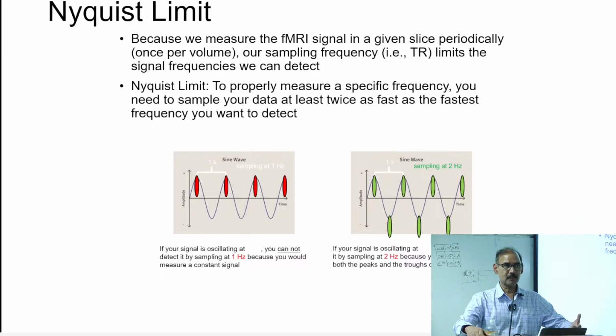Let's say I want to study a region whose dimension is 1 millimeter by 1 millimeter by 1 millimeter. Or let's assume it's a two-dimensional image where that region is 1 millimeter by 1 millimeter. What should be my spatial resolution to be able to detect that region?